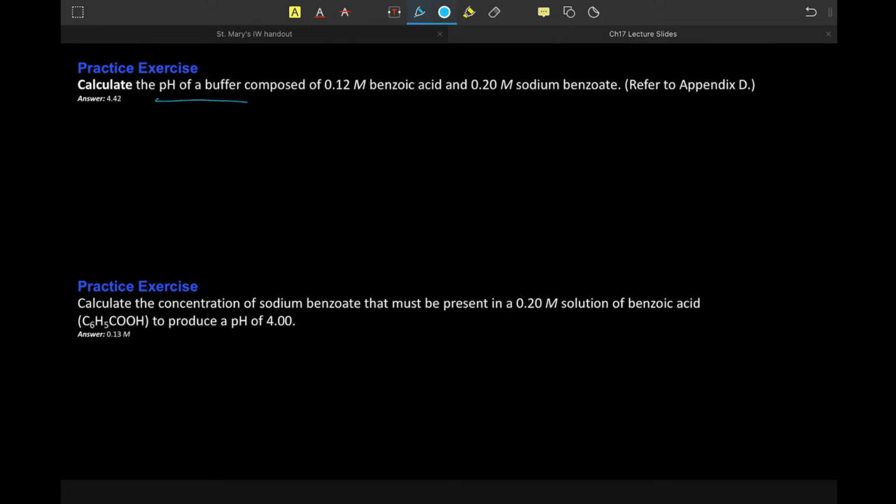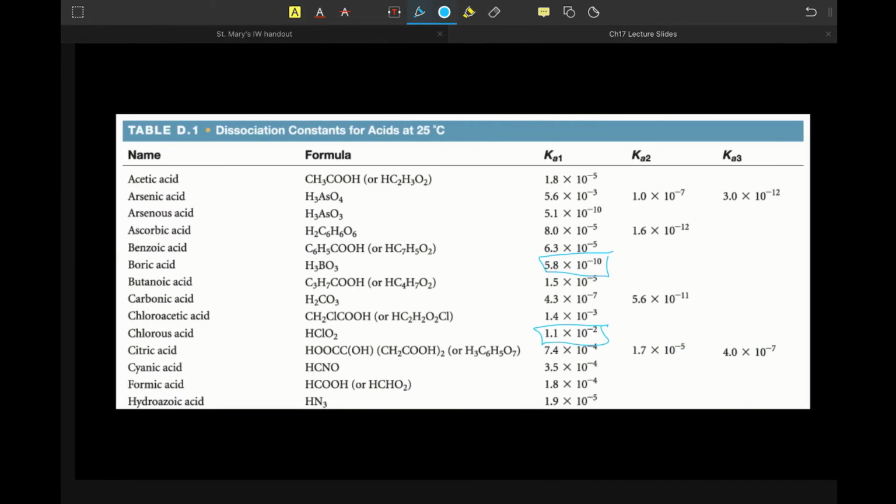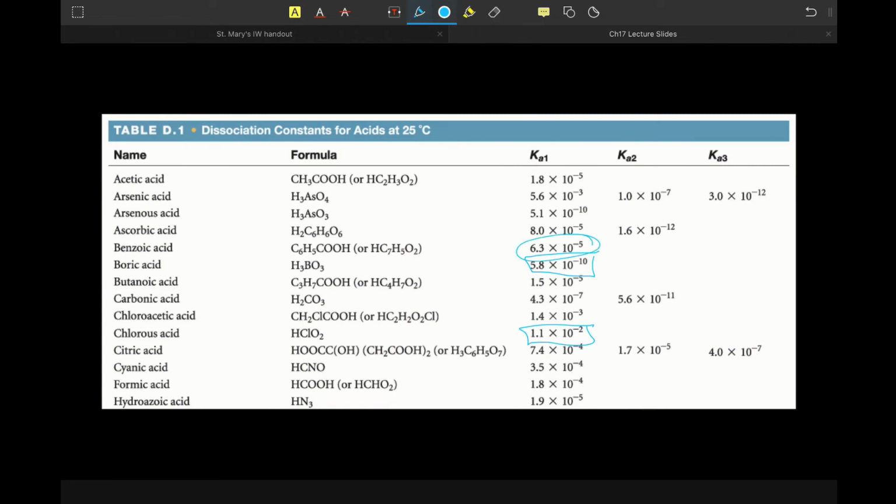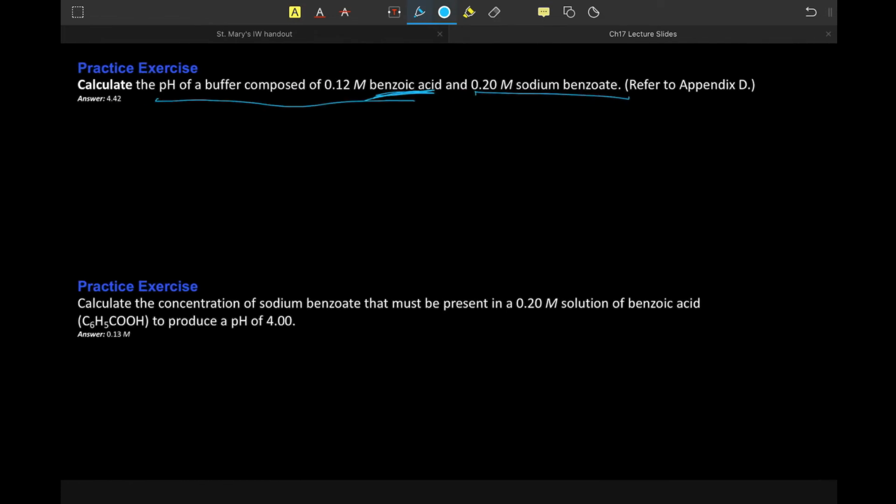It says to calculate the pH of a buffer composed of benzoic acid and sodium benzoate. So what do I need to know? We need to know the Ka for benzoic acid, which is 6.3 times 10 to the negative 5. We'd like to calculate the pH of this buffer.